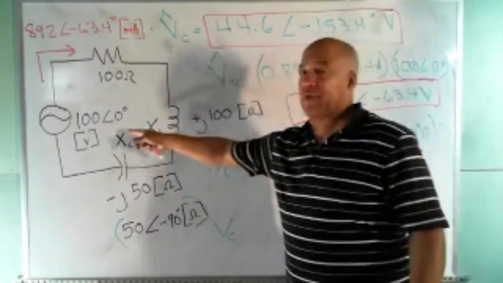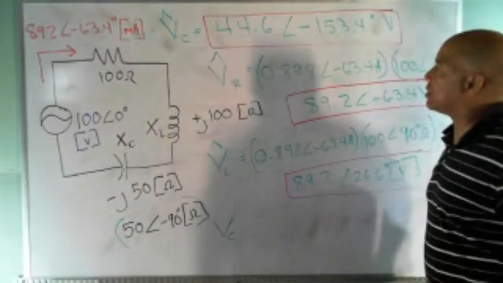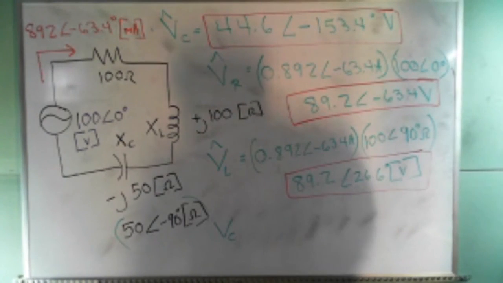Well, already I'm over 100. So what's the problem with this? Did we make a mistake? How come they're not adding up? Is it because the inductor is inverse to the resistor?